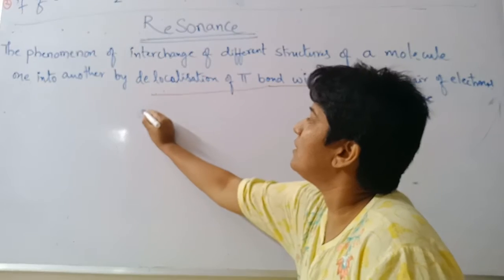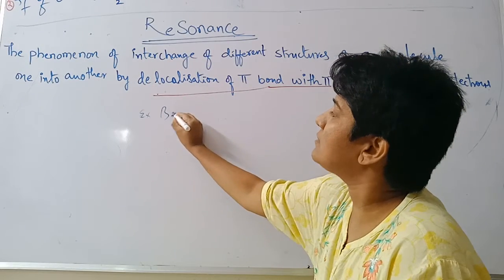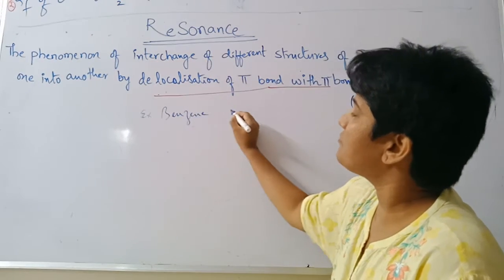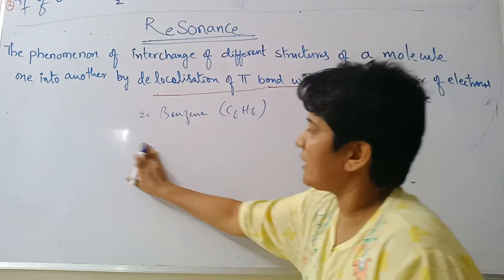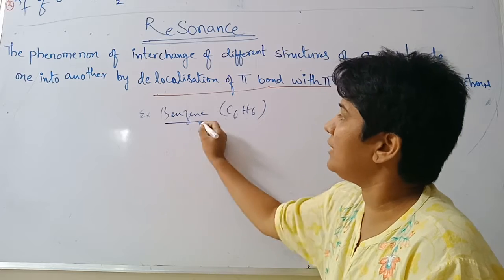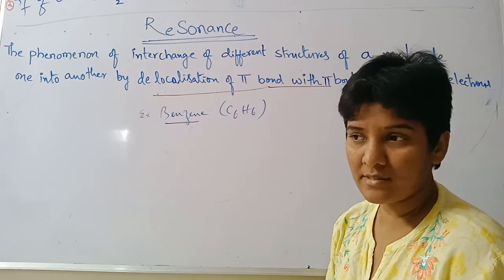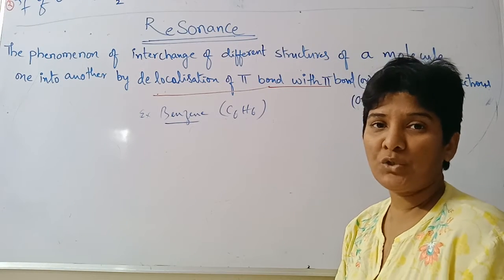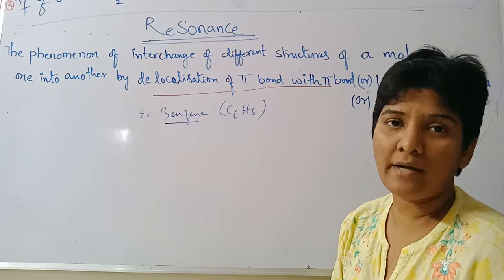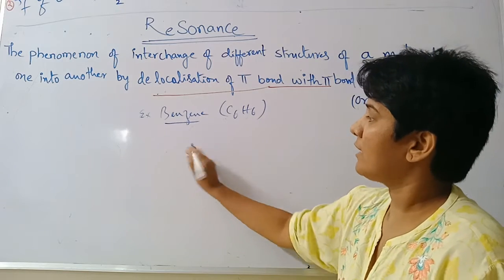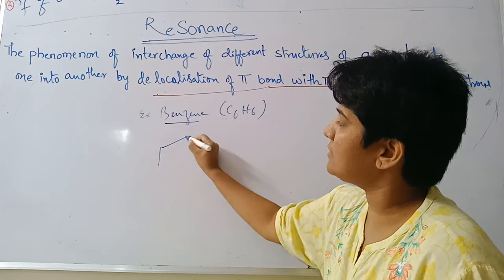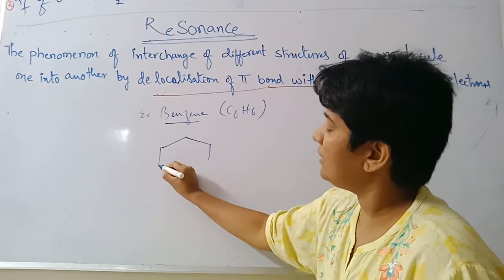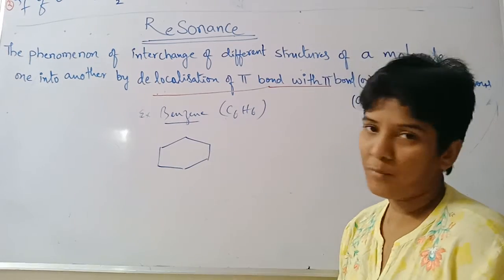Example, if you take benzene, the benzene formula is C6H6. Now we will write its structure in line formulae. In line formulae, we have to show the molecule with corners and lines. Remember, in line formulae, each corner indicates a carbon and each line indicates a bond.